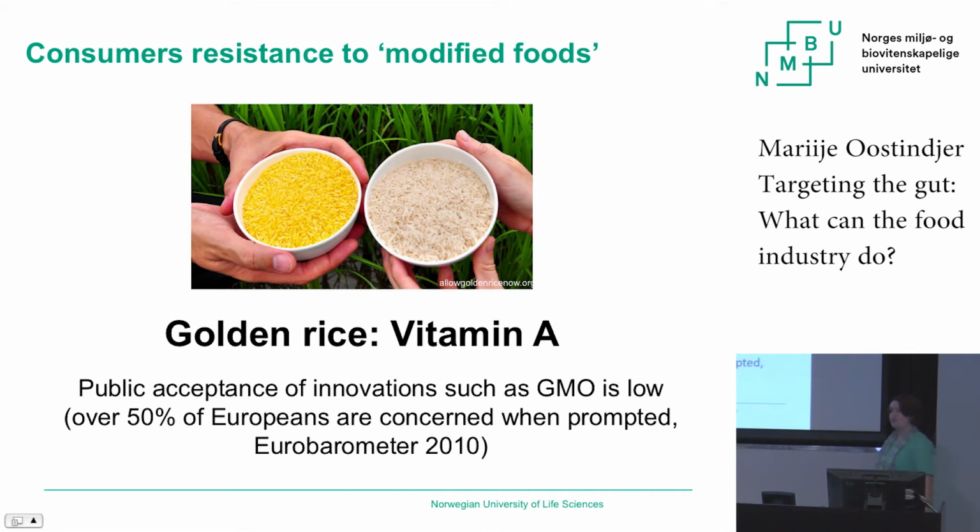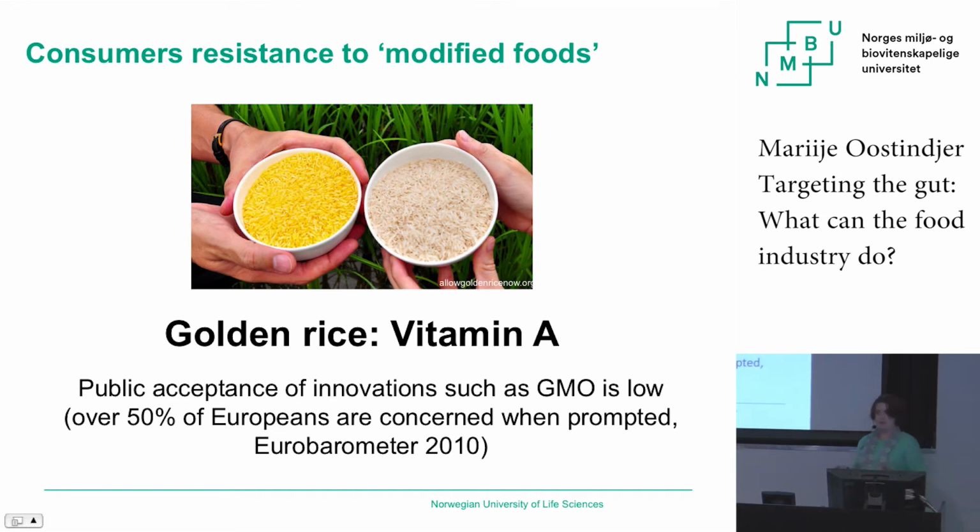And then there's a general consumer resistance to any food that's been modified. So if you call something functional food or modified or anything like that, there will be a certain resistance to it. And you see this particularly when you talk about GMO foods. So golden rice is an example of a genetically modified food which increases the content of vitamin A in rice and has been thought to have the ability to reduce a lot of problems related to vitamin A in third world countries.